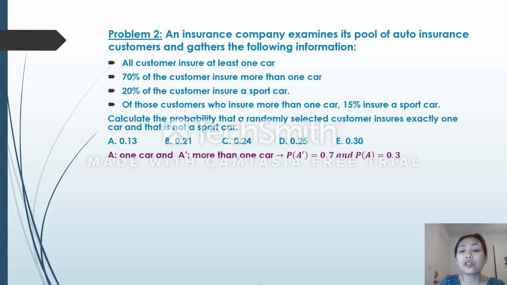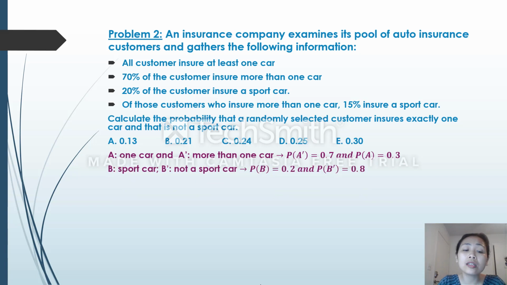From the information, probability of A prime is 0.7, because 70% of customers insure more than one car. So by the complement rule, probability of A is 0.3. Generally speaking, 70% of customers insure more than one car, and because all customers insure at least one car, 30% of customers insure exactly one car.